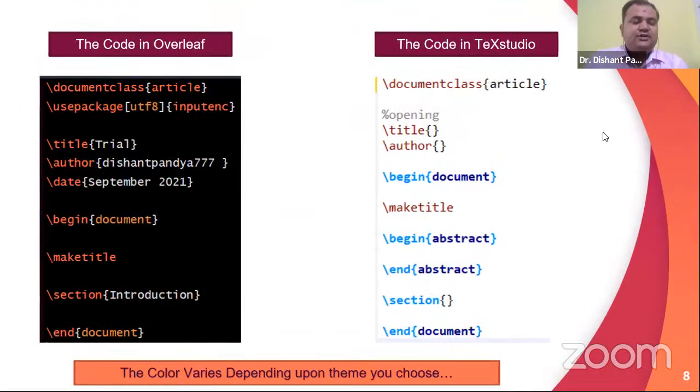On the left hand side you can see the code in Overleaf, and on the right hand side you can see the code in TeXstudio. Here the color varies depending upon the theme you choose, as I told you earlier. So this was my theme, and I'm just choosing according to my requirement. If I like dark mode, then I can use those accordingly.